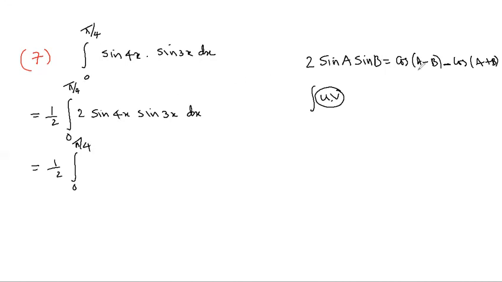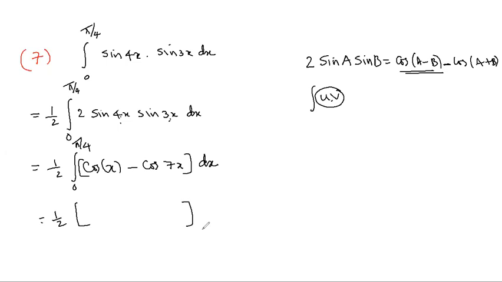In 2 sin A sin B, cos of A minus B is first. Cos of 4x minus 3x, directly write x, minus cos of 4x plus 3x, that is 7x. Now can you please complete it yourself? Integrate it and put the limit.